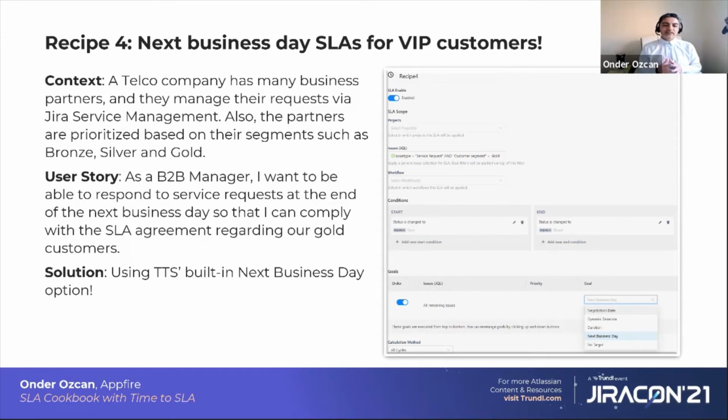Because calendar is really important when it comes to SLA management, because you might have a 9 to 5 calendar, or you might have a 24/7 calendar, right? So it is automatically calculated based on your calendar. So when you choose the next business day, that's it. It's that simple, so that you can comply with your SLA agreement.